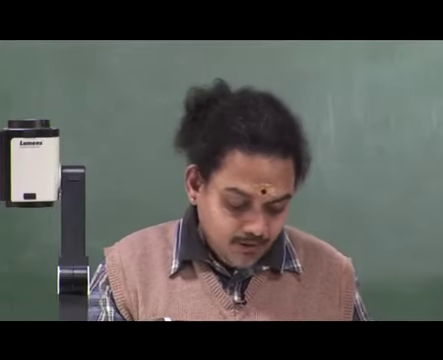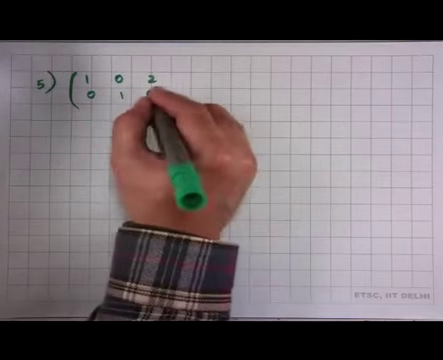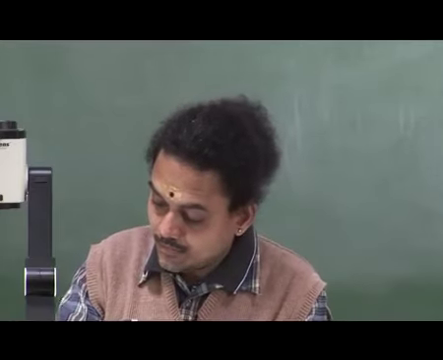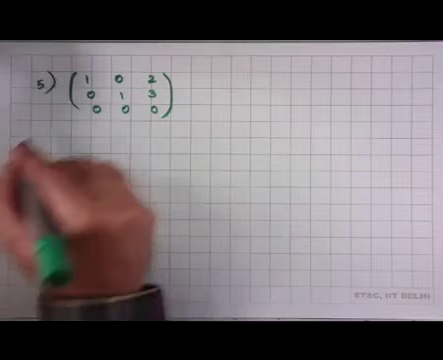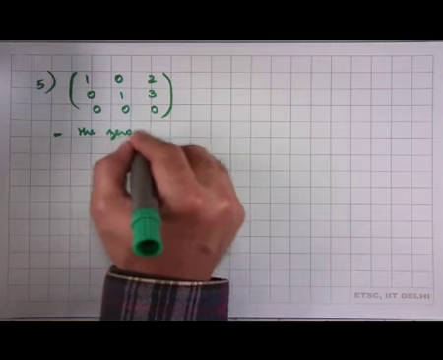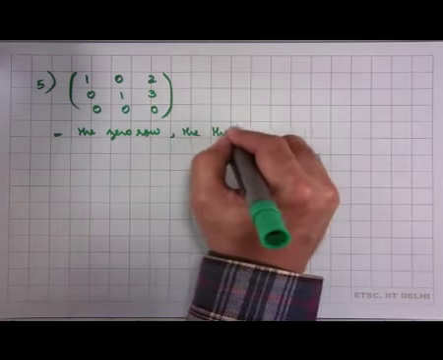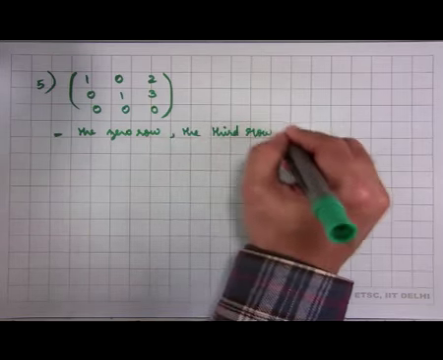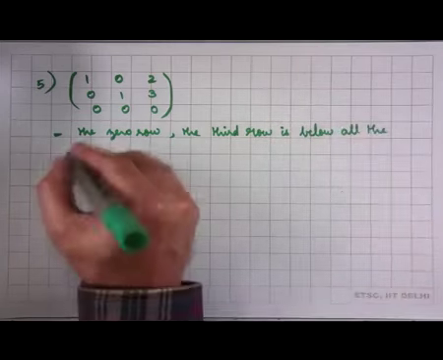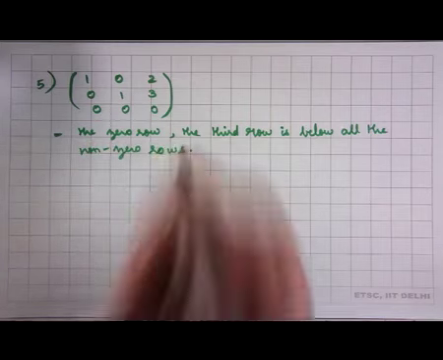Let us look at another example: 1 0 2, 0 1 3, 0 0 0. So, you can notice that the 0 row, the third row, is below all the non-zero rows, first thing.